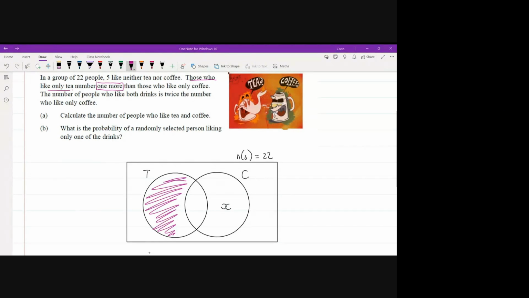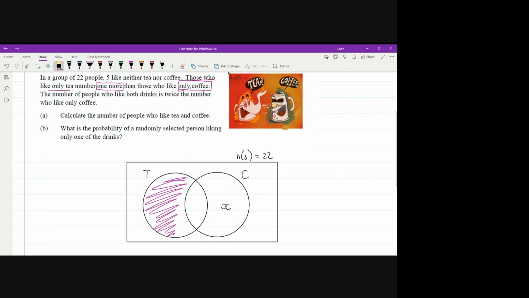So they're saying that the only tea people are one more than those who like only coffee. Are we all in agreement that only coffee is the part that I've highlighted in pink? Thumbs up. Great.